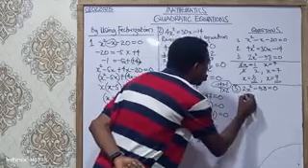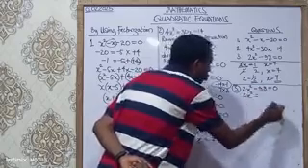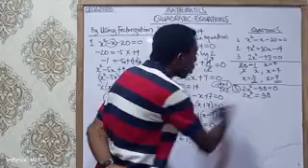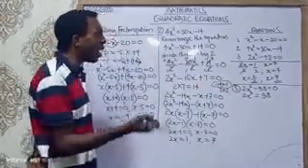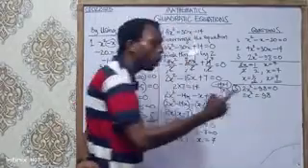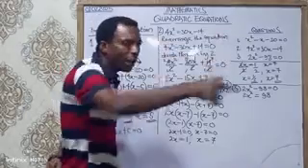That will be 2s squared is equal to, carry this one to the other side, 98. Then divide both sides by 2 to eliminate this, so that you can have your s squared, which is the unknown you want to get.